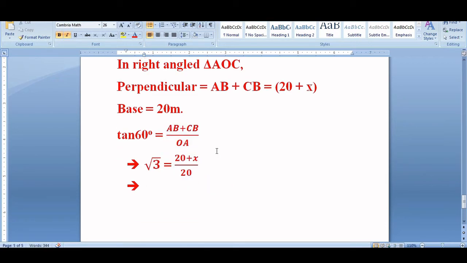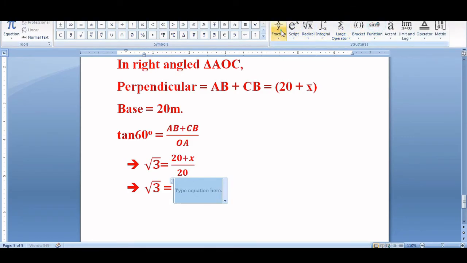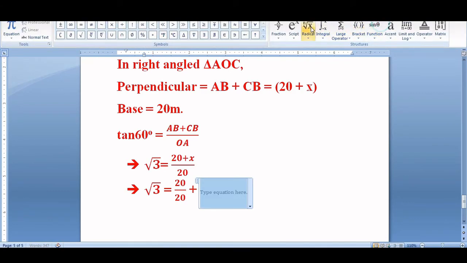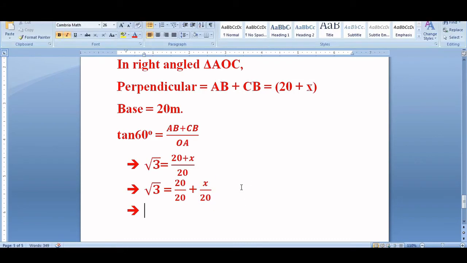Okay, now next what we can do is we can simply split the denominator part into two parts. It will be how much?